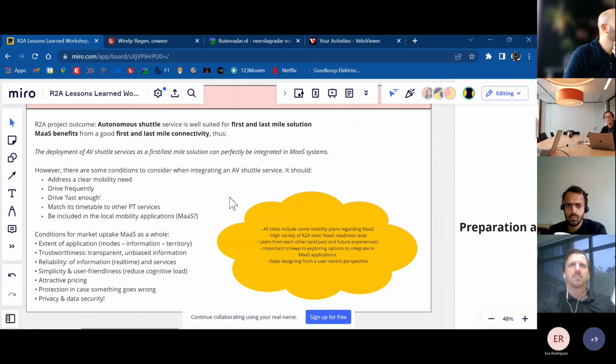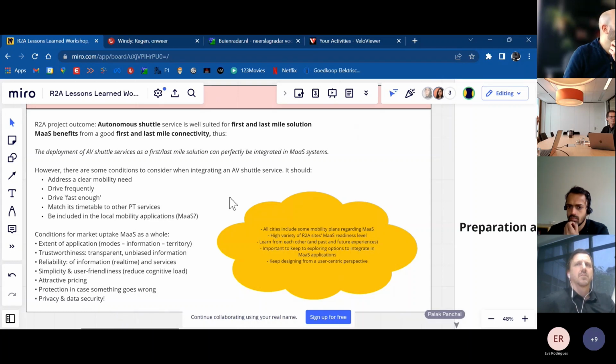However, there's obviously also a high variety in the level of readiness regarding MaaS. It's not per se limited to the number of modalities present in a city, but also the integration of modalities and the possibility to book, plan, and pay for your trip in one application, integrating all those modalities in one place.